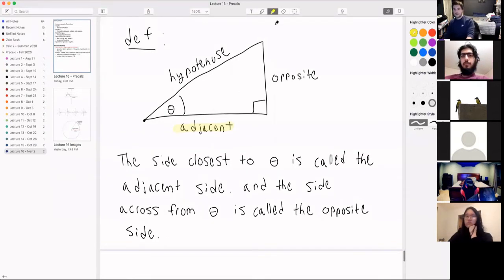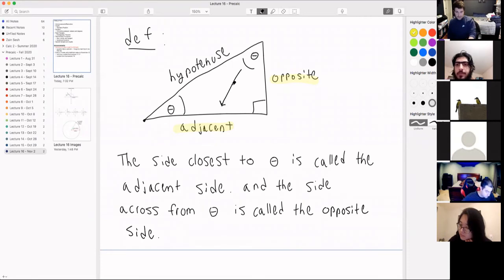Okay, so I hope that's clear. We have an angle theta. So you always have to start by saying which angle you're doing this with respect to. So I'm starting here at this angle theta, then that will determine an opposite and an adjacent side. But just note, if our angle was up here, if this was our theta, then that would be the opposite, and this would be adjacent.